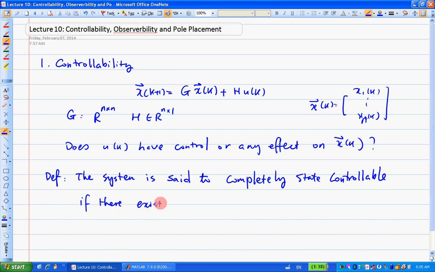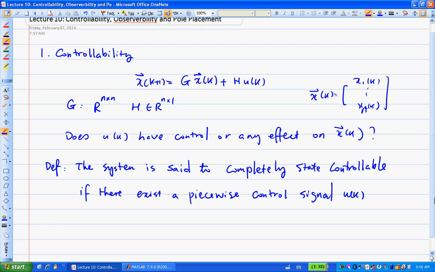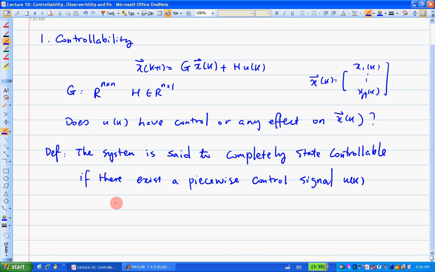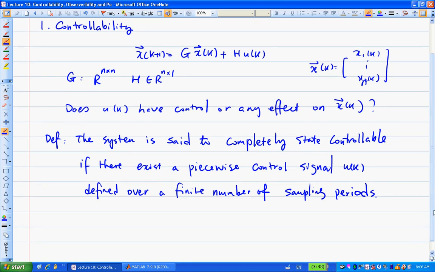If there exists a piecewise control signal u of k. Why is it piecewise? Because it's discrete, and defined over a finite number of sampling periods.